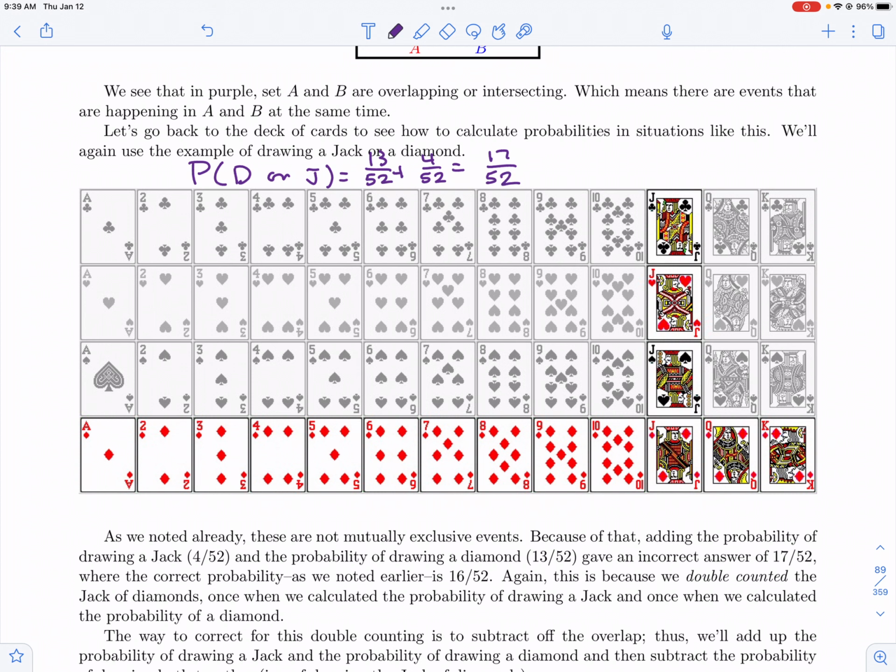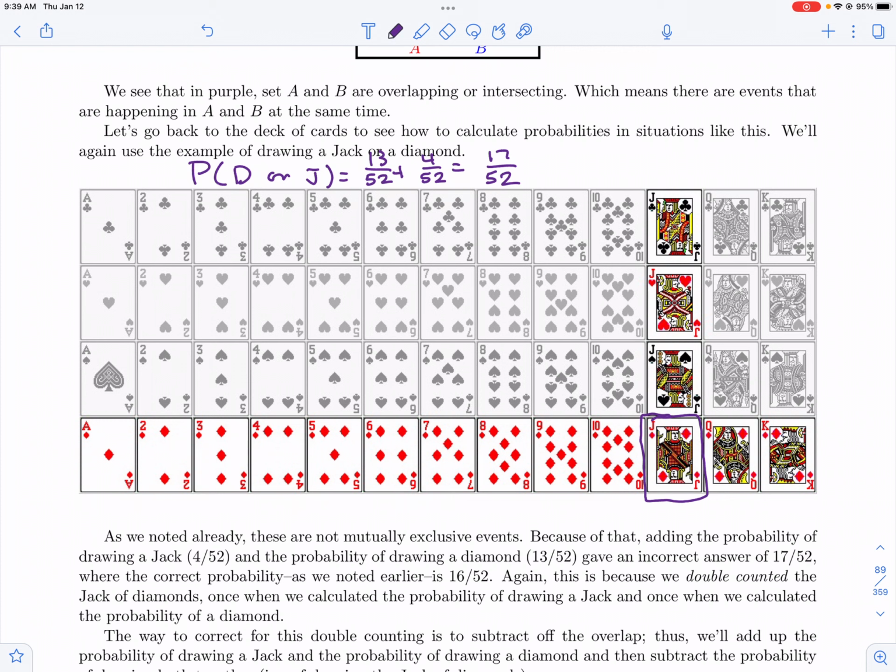But hopefully at this point, some people are looking and going, oh, wait a second. If we notice, this jack of diamonds occurs in both the row and the column. So by doing what I did above, I've actually double counted it, because I counted the jack of diamonds in the 13, and I counted the jack of diamonds in the 4. So this 17 over 52 is a bigger answer than what we should have.